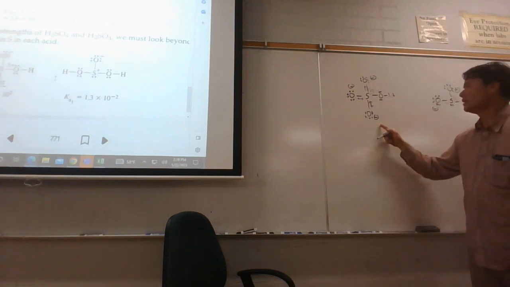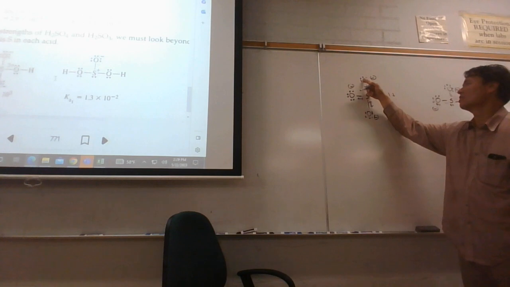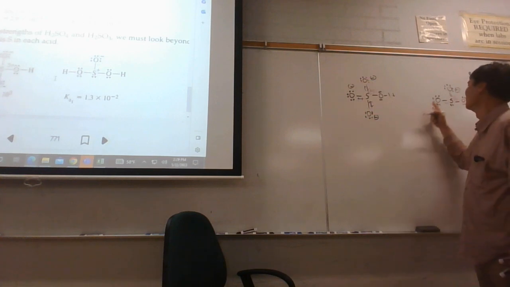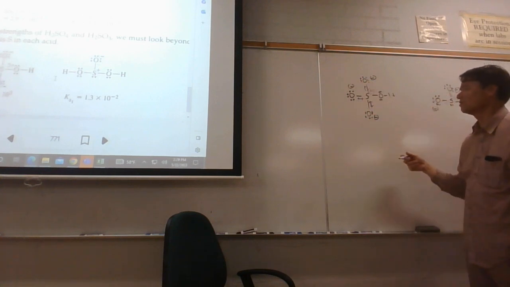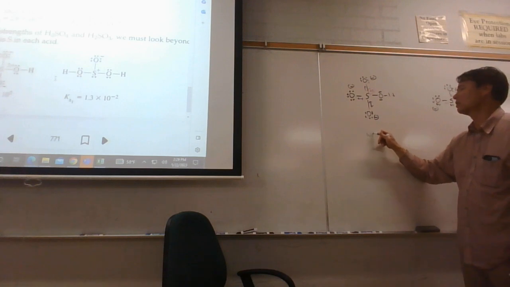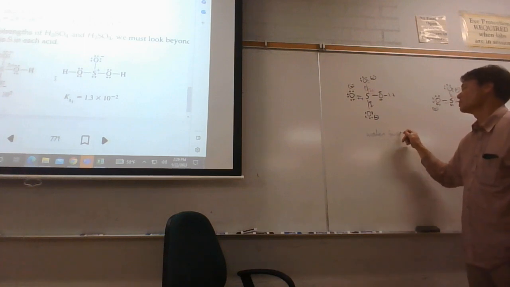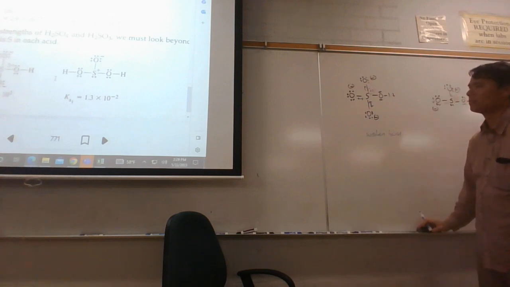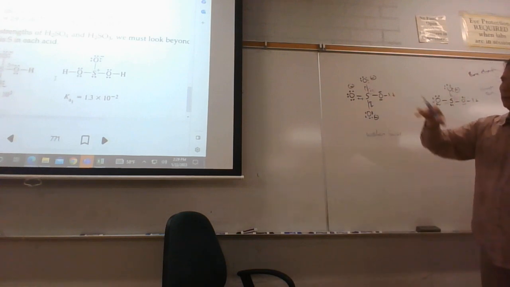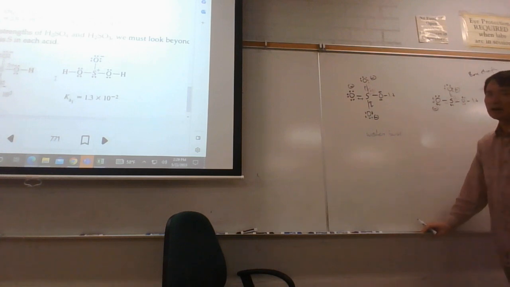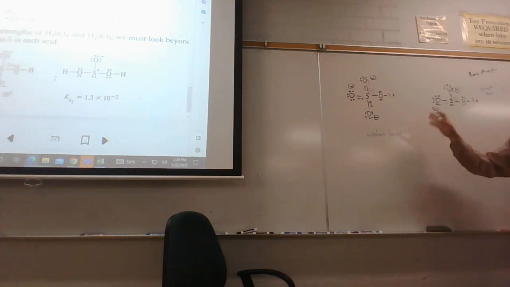So in terms of base strength, there's going to be less negative charge on the oxygen over here versus over here due to the inductive effect. And so this should be a weaker base. Weaker base is more stable. Therefore, H2SO4 should be a stronger acid. Based on base strength, we predict H2SO4.